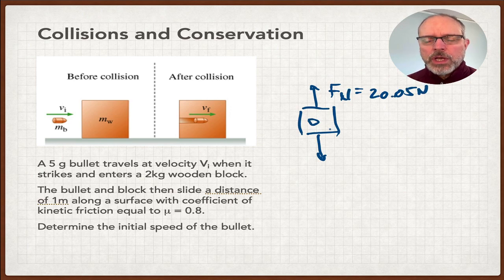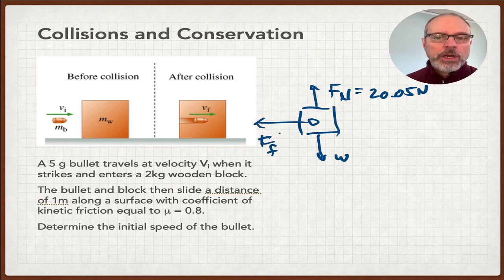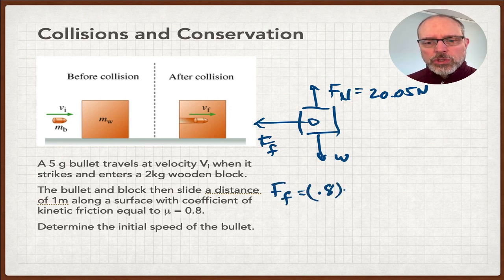And that's the same as the up and the down, so the weight is equal to the force normal. And then as the block slides, the only force acting on it is the force of friction. So I know two things. Force of friction is going to equal 0.8 times this 20.05 force normal, and that's easy enough. I get 16.04 newtons of force of friction out of that.